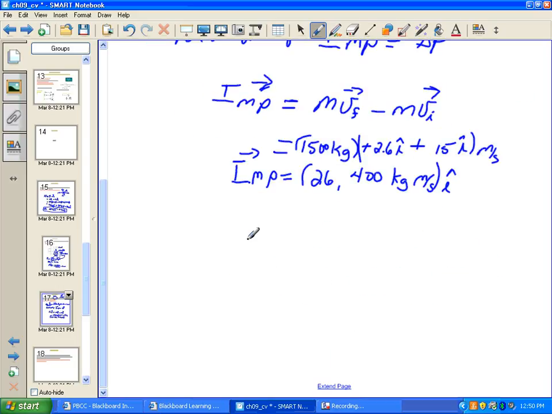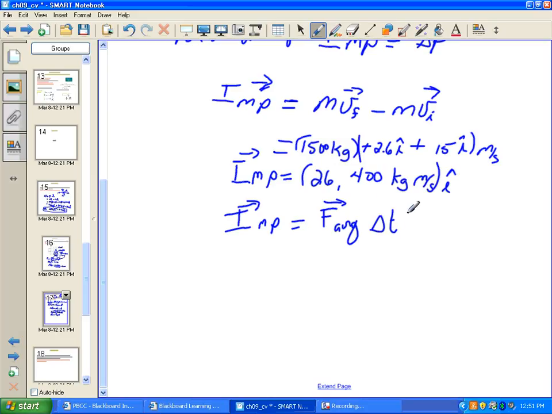Now, the next question is, associated with this impulse, what is the average force that the car experiences? Well, again, we go to the definition, because now that we have the impulse, it is not a difficult task at all to determine the average force.